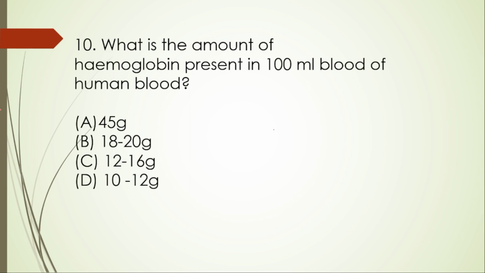So here the next question is question number 10. What is the amount of hemoglobin present in 100 ml of human blood? A, 45 grams, B, 18 to 20 g, C, 12 to 16, D, 10 to 12. So here the right option is option C, 12 to 16.